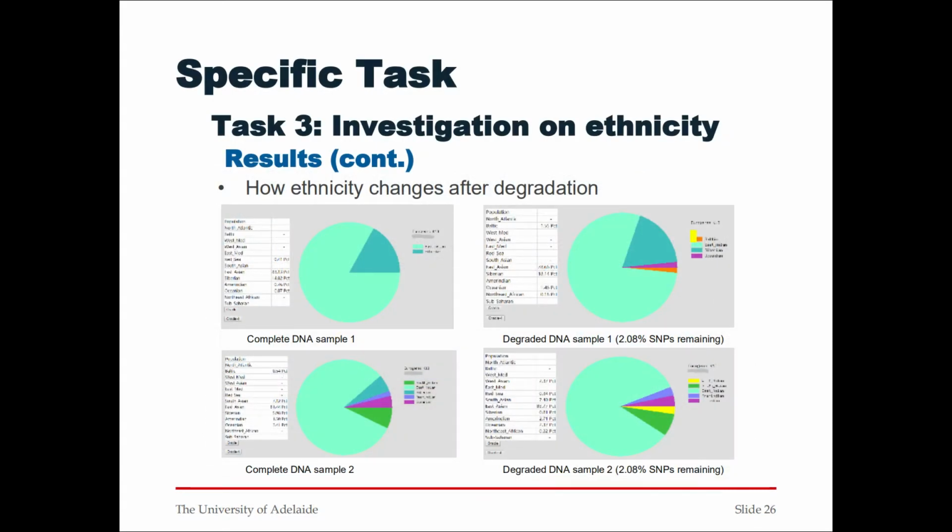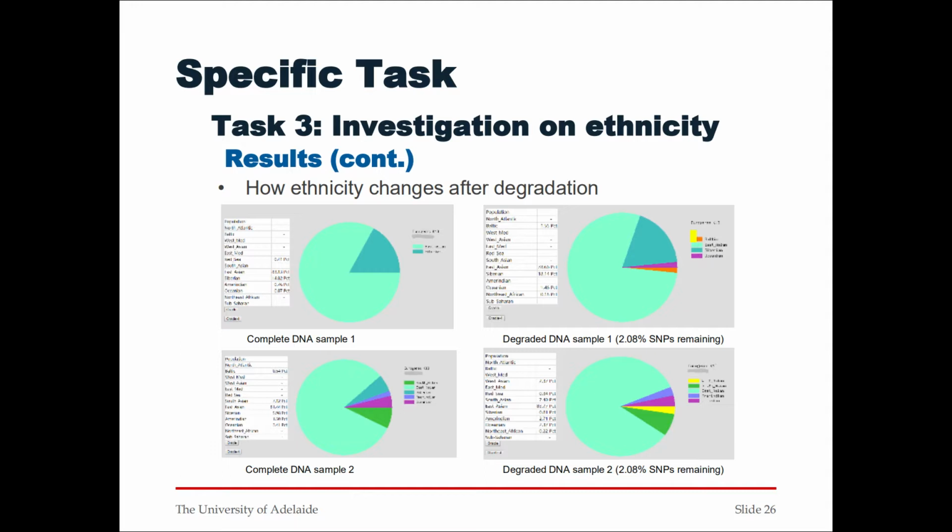Then we got the ethnicity reports for 2 complete DNA samples and their degraded versions. The top 2 figures are the reports for DNA sample 1, and the bottom 2 are for sample 2. The left are the original files' ethnicity reports, and the right reports are for degraded files.